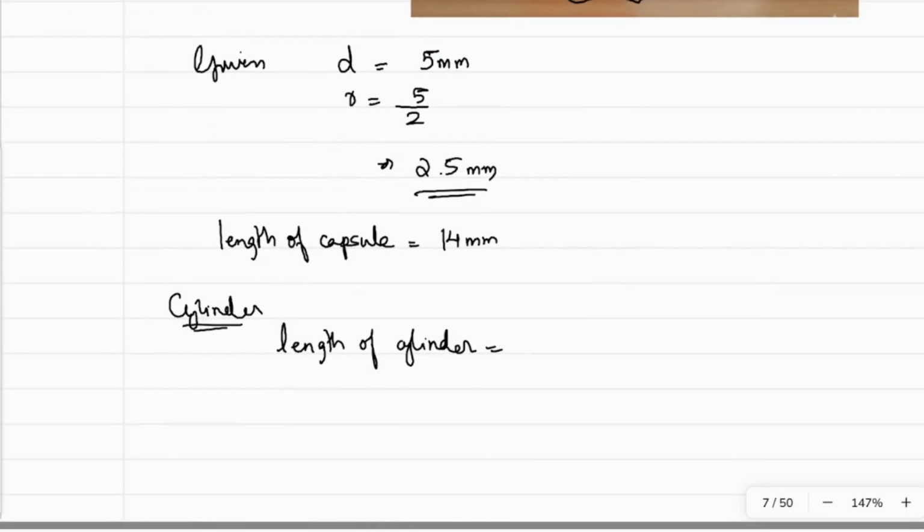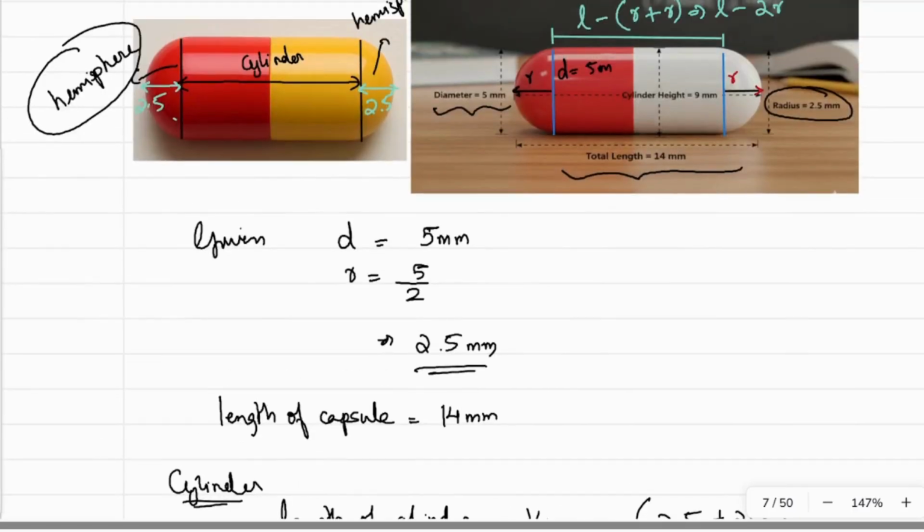Therefore, length of the cylinder is 14 mm minus (2.5 plus 2.5), which is 14 mm minus 5, which is 9 mm.